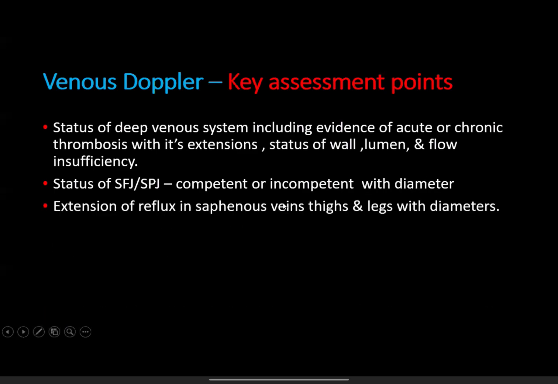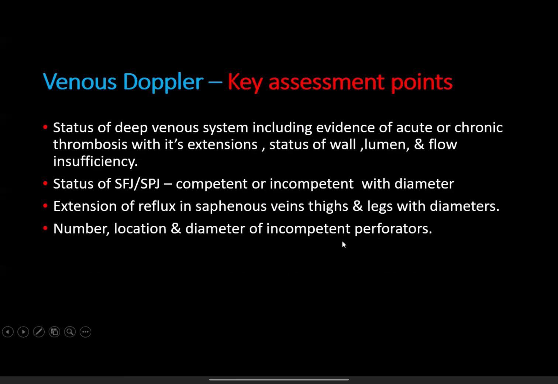Extension of reflux in saphenous veins in the thigh and leg with diameters. Number, location, and diameter of incompetent perforators. And any other vein showing isolated territorial reflux, abnormality, or varicosity can also be assessed.